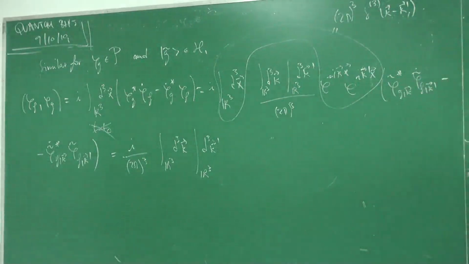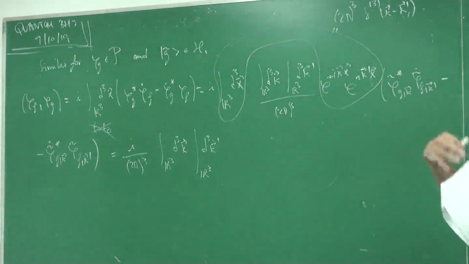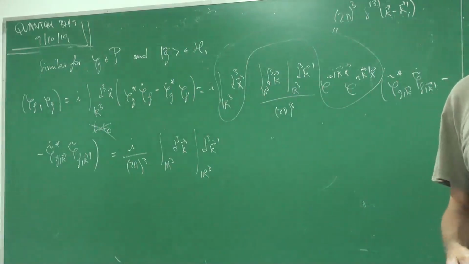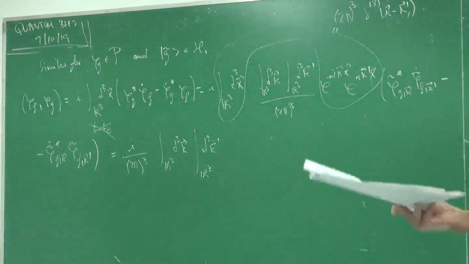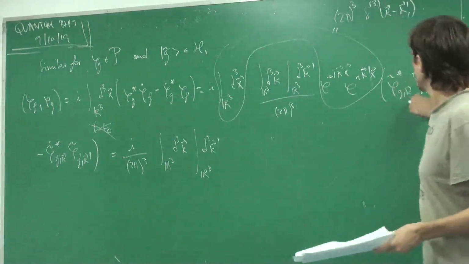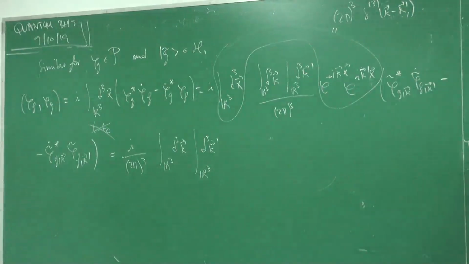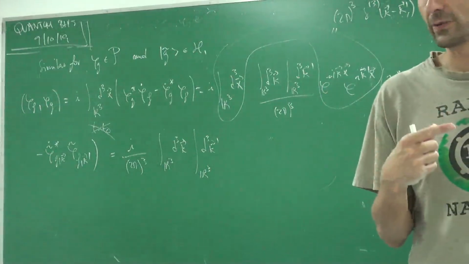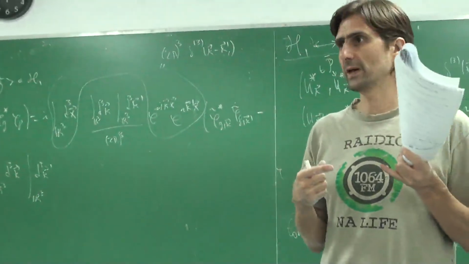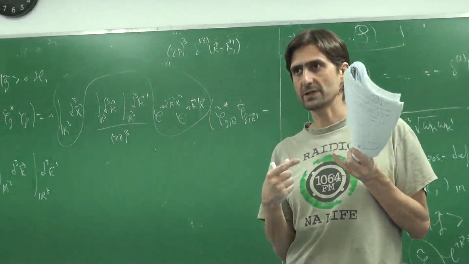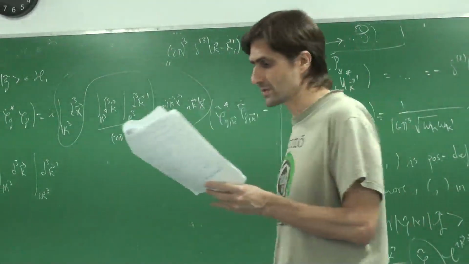Phi star phi dot minus phi star dot phi. That's like a Wronskian. When k and k prime are different, then it's not really a Wronskian because you've got different potentials in your harmonic oscillator equation. But when k is equal to k prime, the potential in your harmonic oscillator equation is the same, and so this is exactly the Wronskian.